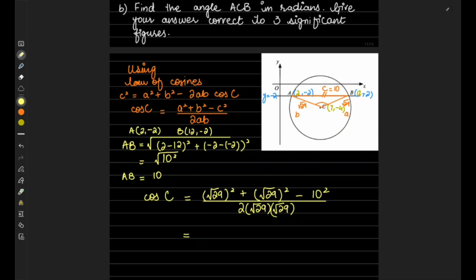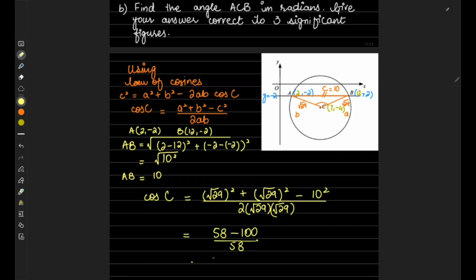So 29 plus 29 is 58 minus 100, over 2 times 29 is again 58.